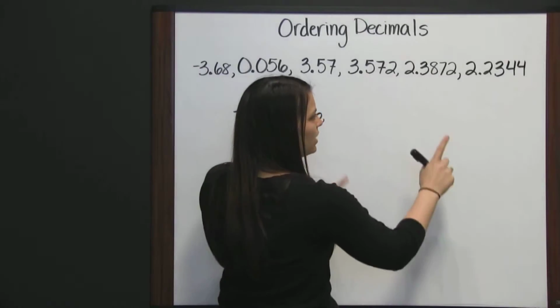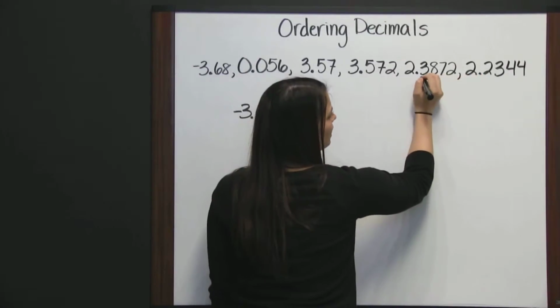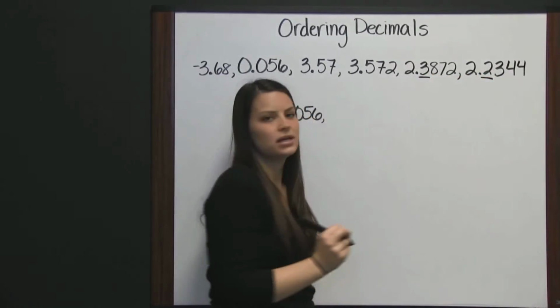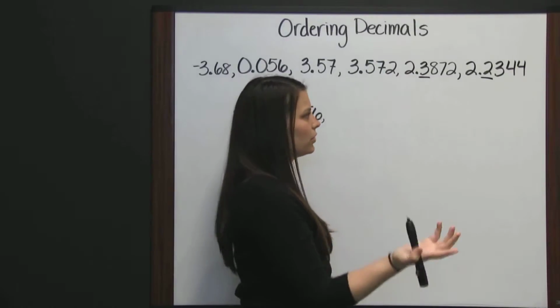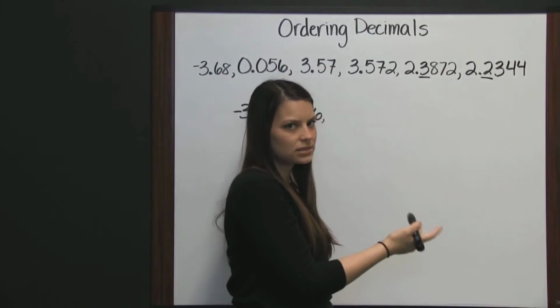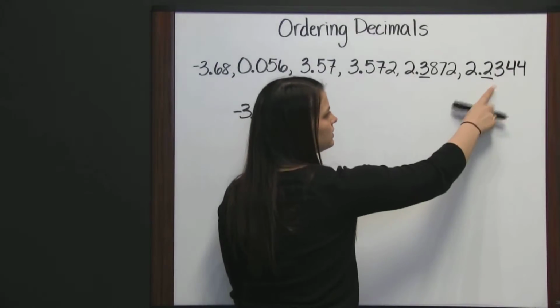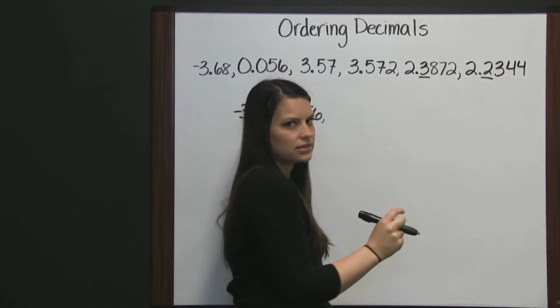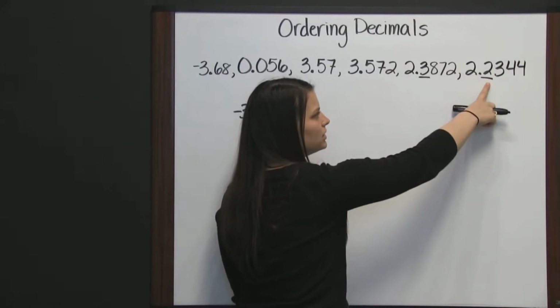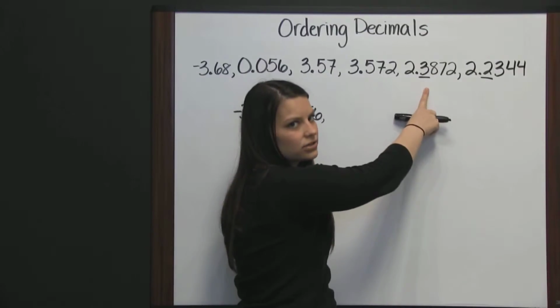So we've got to move to our 10th place, and look at the 10th place to see which of our numbers would be the next in our line from least to greatest. So looking at the 10th place, this number, 2 and 2,344 10,000ths, has a smaller number in the 10th place than our other decimal does.